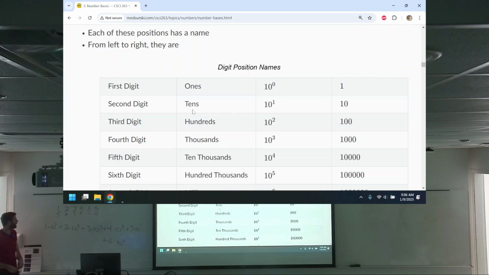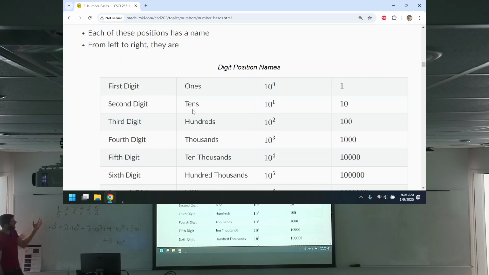Someone want to open up a calculator and type this in and tell me what you get? You don't need to, right? It's obviously 123,456. Why? Well, that's 100,000 plus 20,000 plus 3,000 plus 400 plus 50 plus 6, which is 123,456.